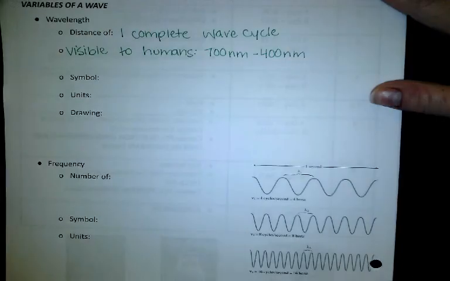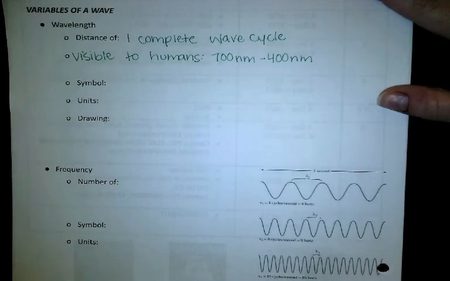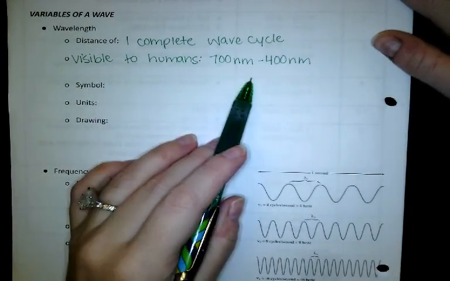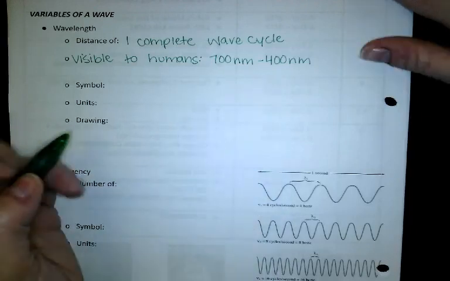Now, wavelengths are measured in anywhere from micrometers to meters, just depending on what type of wave you're looking at. So we're going to look at the different waves in a little bit, just kind of what those look like. But just know that the wavelength that's visible to humans is 700 nanometers to 400 nanometers.